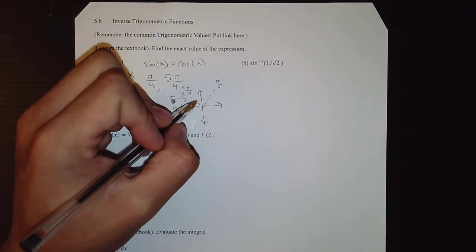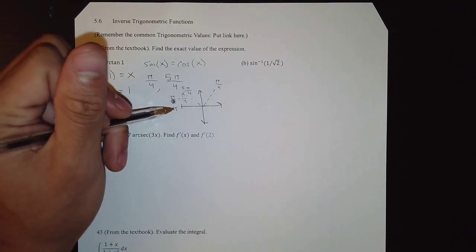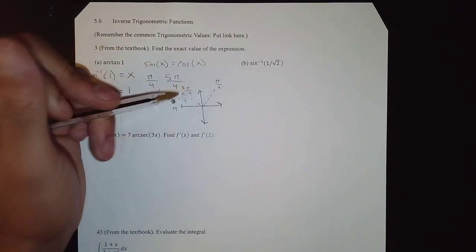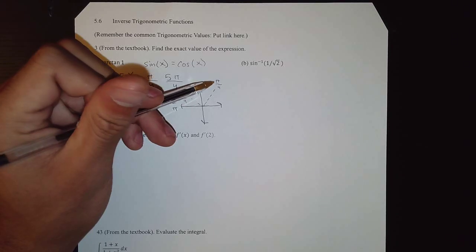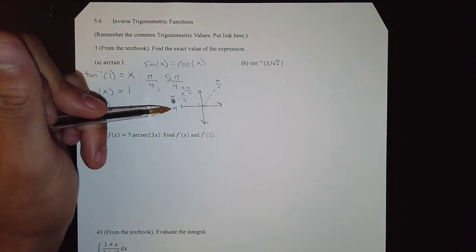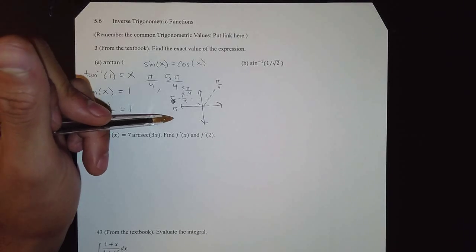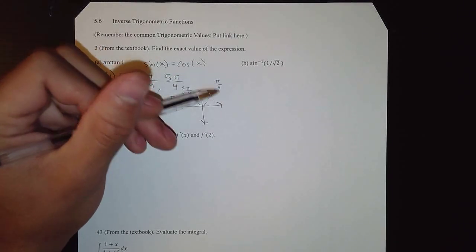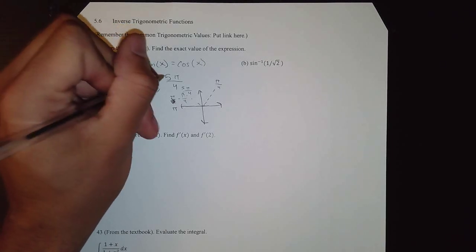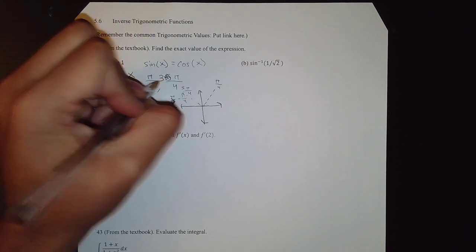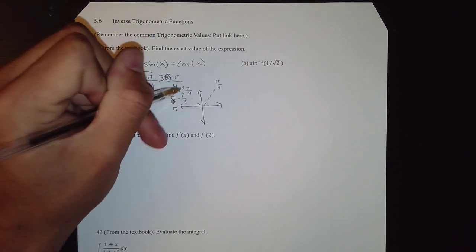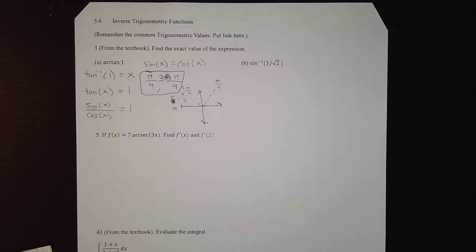In order to find this angle, we have to take 180, or pi, minus pi divided by 4. Well, this is the same as 4 pi divided by 4 minus 1 pi divided by 4. That's 3 pi divided by 4. So these would be the two values. And we could also check our answers with the calculator.